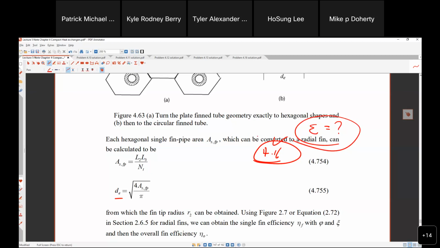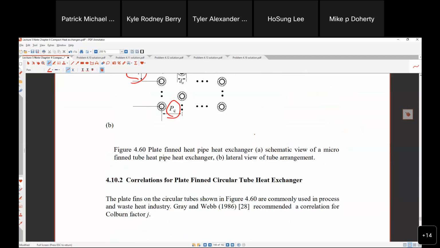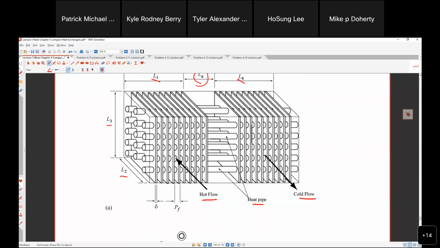Is this still cross flow, correct? No, not cross flow. Look at that. What is that? You tell me. We have hot on one side, it's like two systems put together. Counterflow? Yes. You can use a counterflow. Okay.